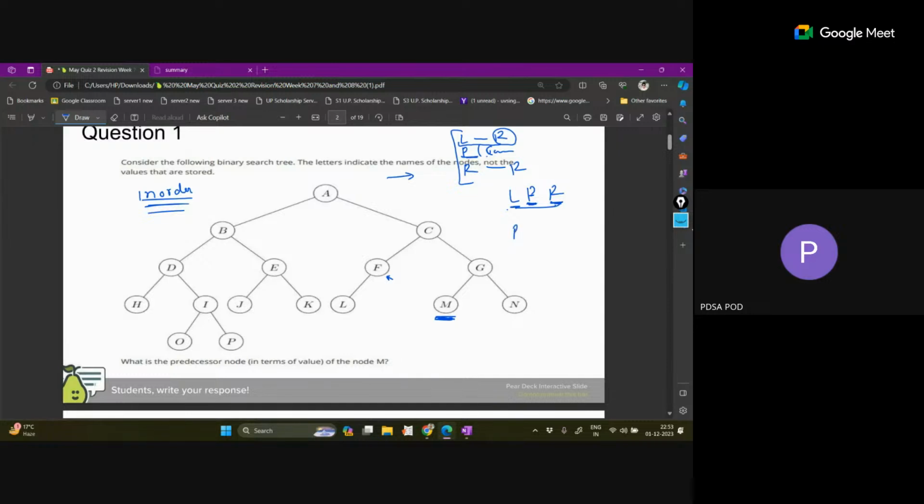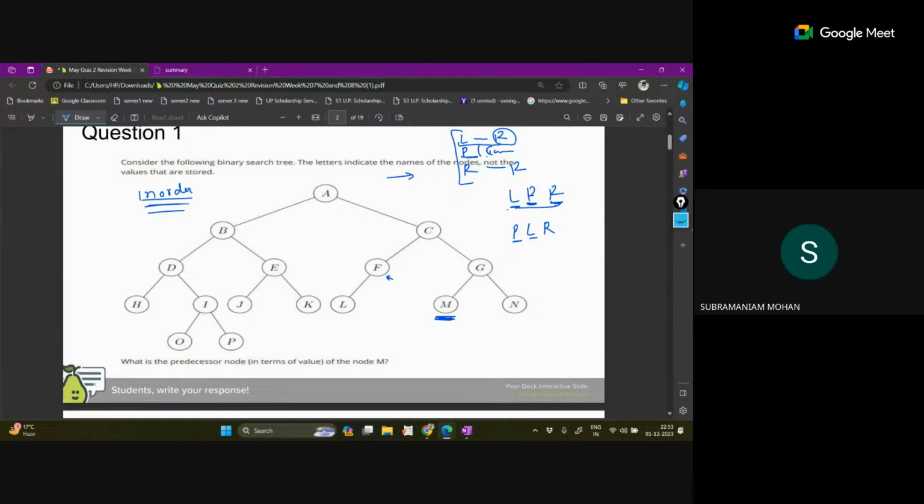If the print statement comes first, then left, then right, that is different. L means we move to the left child and apply the same three steps recursively on the left child.